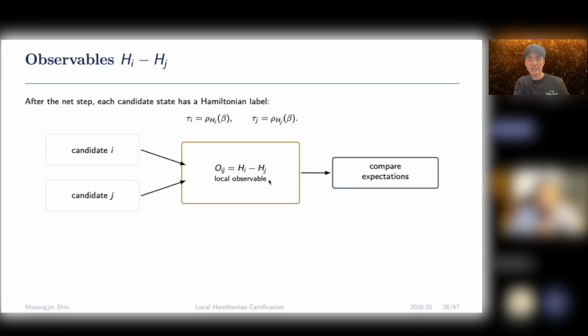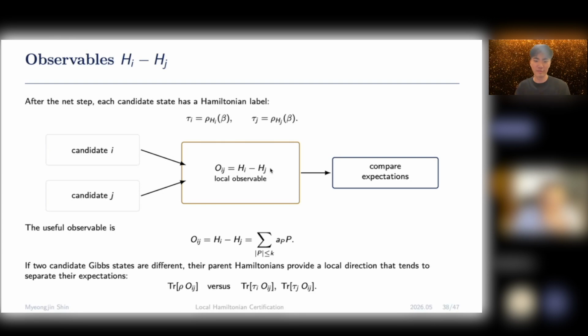We're going to set the observable as the difference between Hi and Hj, which are the candidates. By using classical shadows, we can efficiently sample and get the measurement outcomes, and we're going to compare the expectation values of the outcomes of the classical shadows.